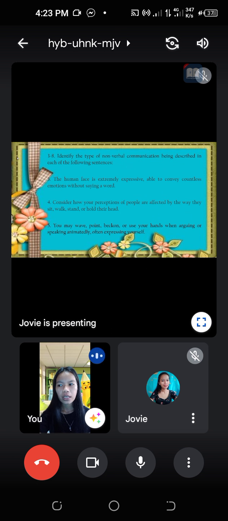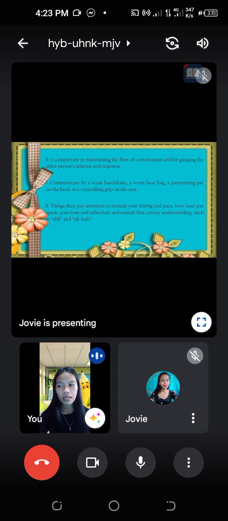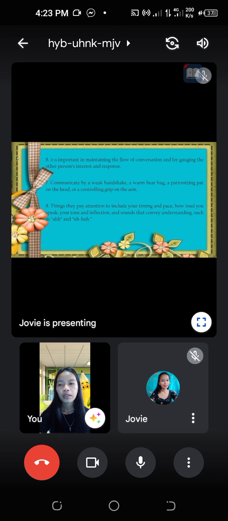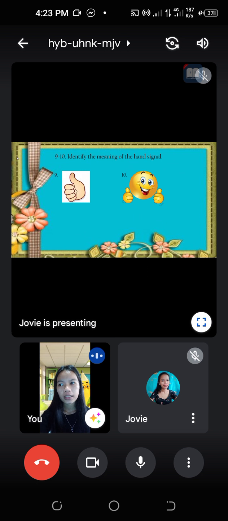For numbers 9 and 10, identify the meaning of the hand signal being shown in the picture. Okay, after you answer the activity, just pass it forward.